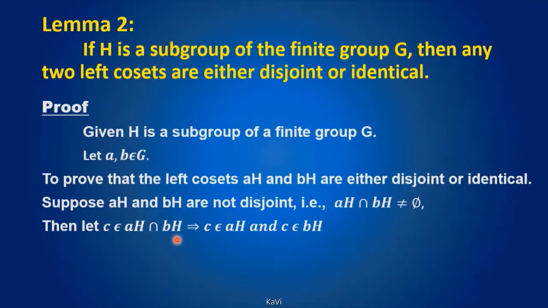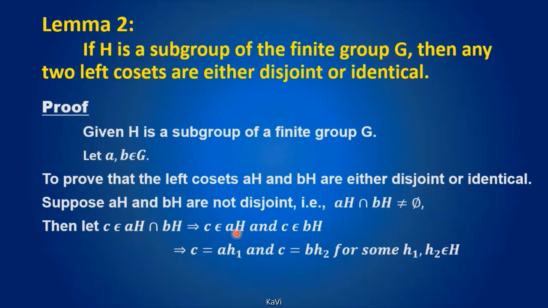This implies C belongs to AH and C belongs to BH. So if C exists in AH, then there will be an element H1 in H such that C is equal to AH1. Similarly, C will be equal to BH2 for some other element H2 in H. So C can be written like this: C is equal to AH1 as well as C is equal to BH2.